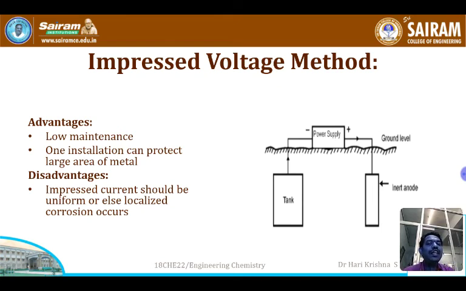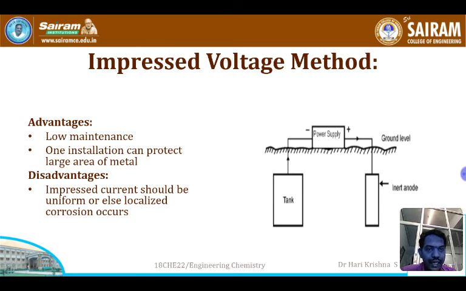Since the metal to be protected, this tank, acts as a cathode, you are supplying electrons to it. Until the electrons are supplied, the metal is safe. Here you have to take care that the electrons are distributed equally throughout the surface.